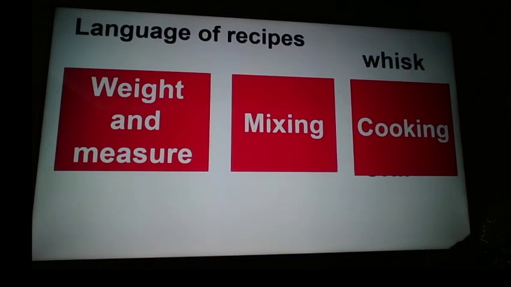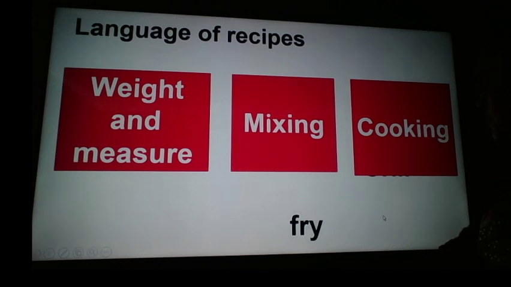So, whisk. When we're looking at whisk, which category does the word whisk go into? It's actually a mixing word. Fry. Oh, I bet you can all do this one. It's quite easy. What are you doing if you fry? Are you measuring something? Are you mixing something?